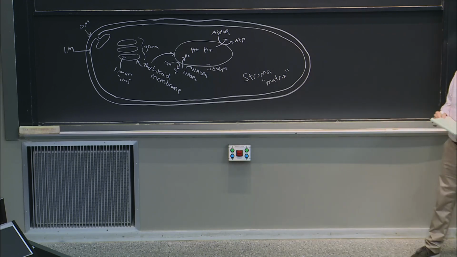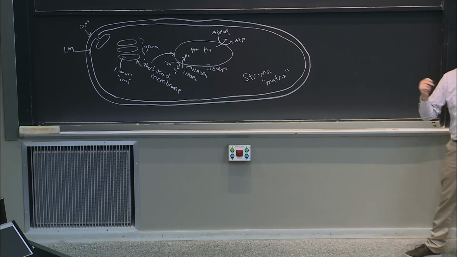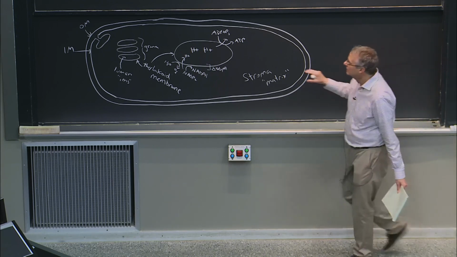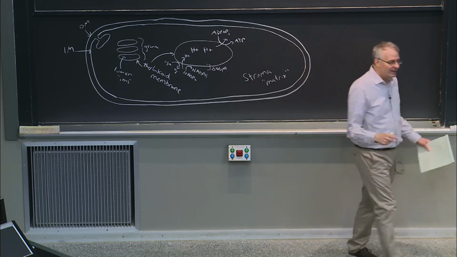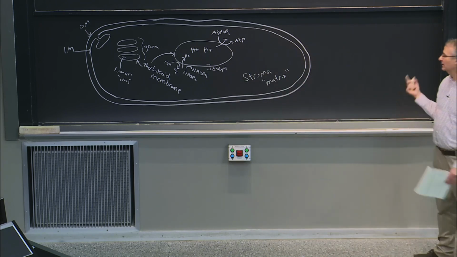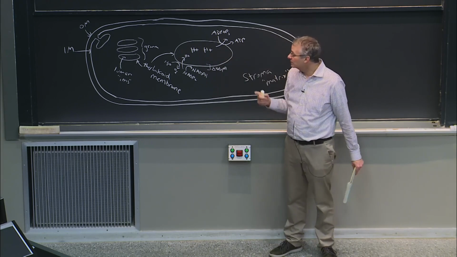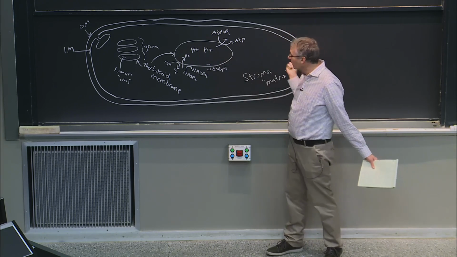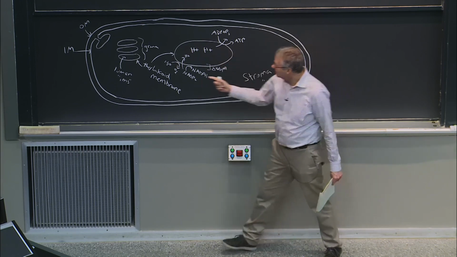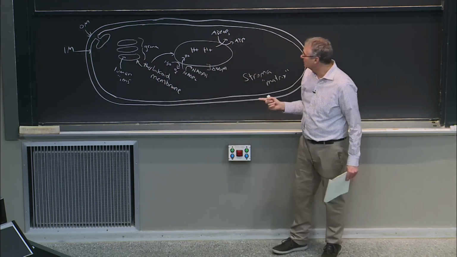And so basically, the chloroplast is set up in a very similar way to the mitochondria, but because it makes these membrane stacks, it looks a little bit different. It's really pumping protons into the equivalent of the intermembrane space, which is the lumen of these stacks.